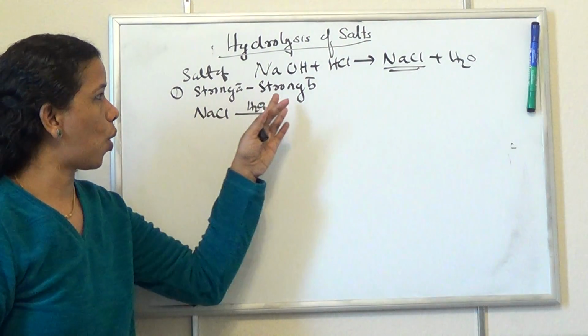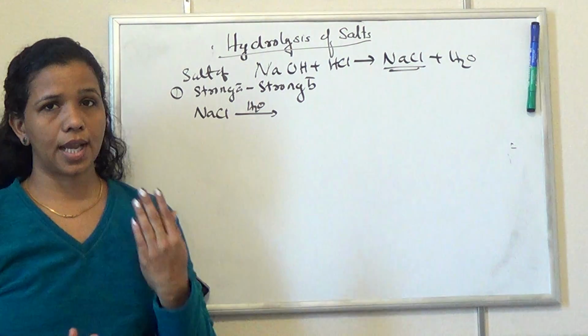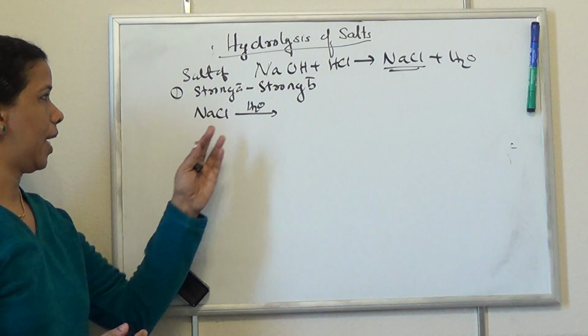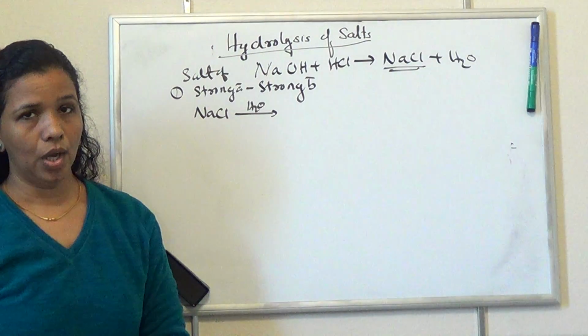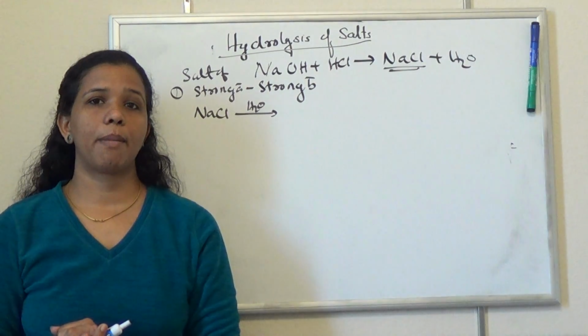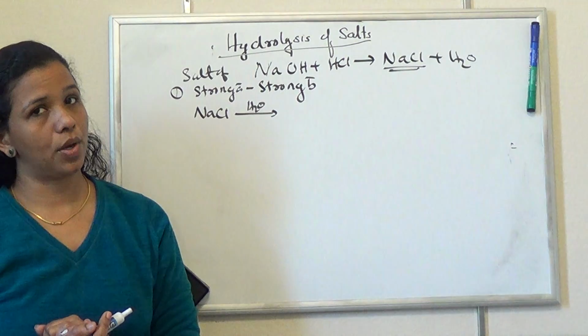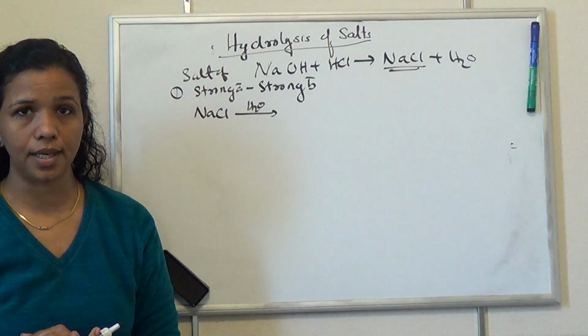In the case of strong acid and strong bases, we know that they contain cations with a low ionization enthalpy and anions with a very high electron affinity. So they will always remain in the solution and they will not undergo hydrolysis and result in the formation of acid and base.